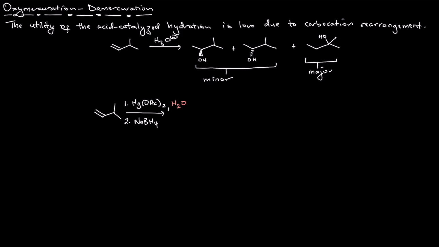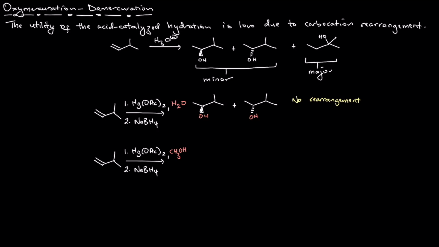But if you take that same alkene and this time you react it with mercury acetate in water, and then do a workup with sodium borohydride, as we've just talked about, now your water is your nucleophile. The product of this reaction is going to be the secondary alcohol, and there will be no rearrangement to form that tertiary alcohol. That's because a carbocation is never fully formed. You form your mercurinium ion that does not rearrange.